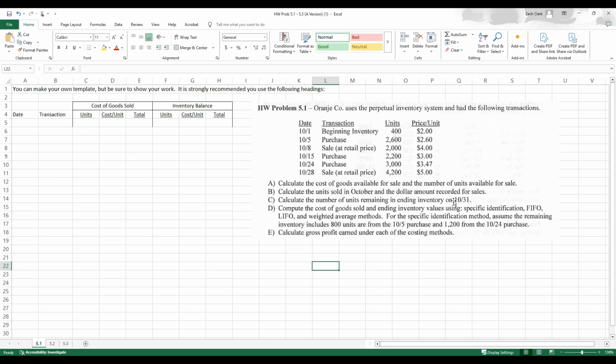Calculate the number of units remaining in ending inventory, and then compute the cost of goods sold and ending inventory values using the 4 different methods we talked about in class. And it tells us if we're going to use the specific identification method, assume the remaining inventory includes 800 units from the 10.5 purchase, so this one, and 1,200 from the 10.24. And then we have to calculate gross profit earned under each of the costing methods.